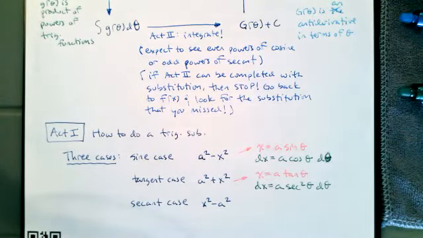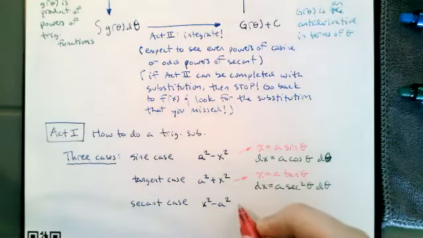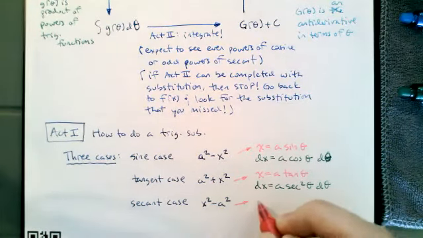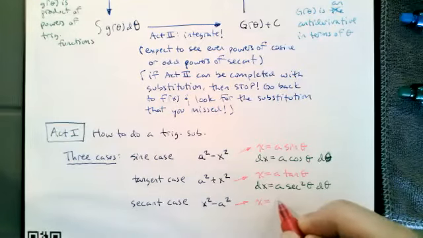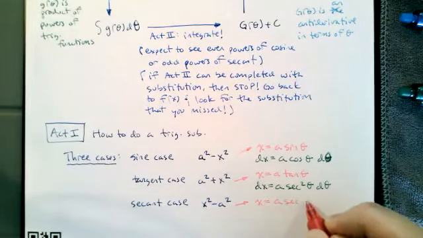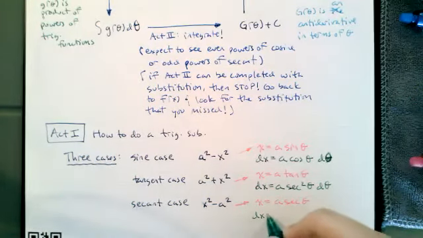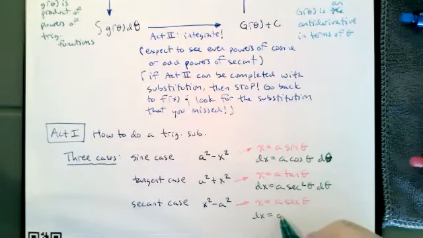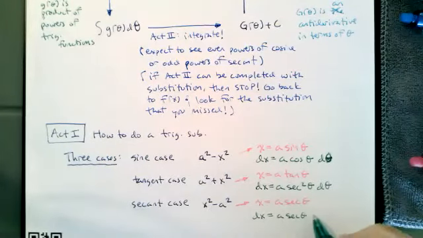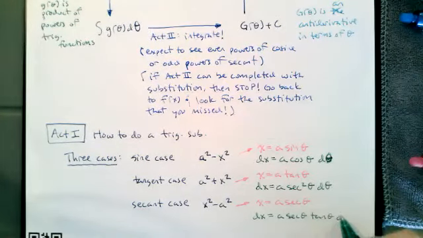Finally, in the secant case, you could probably guess, if it's x squared minus a squared, we're going to make the substitution x equals a secant theta, and that will require that dx is a secant theta, tangent theta, d theta.